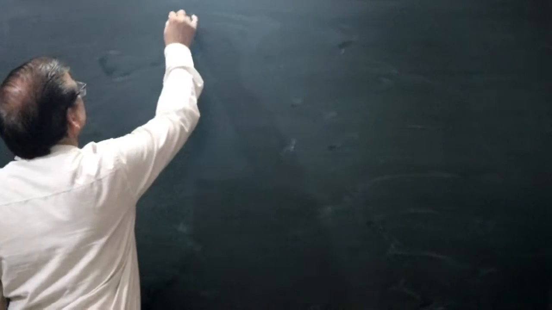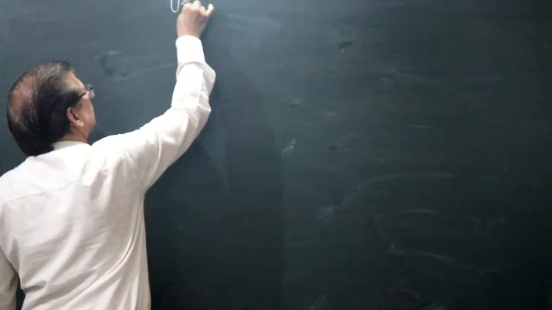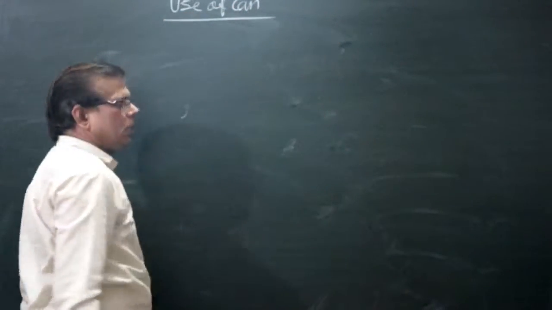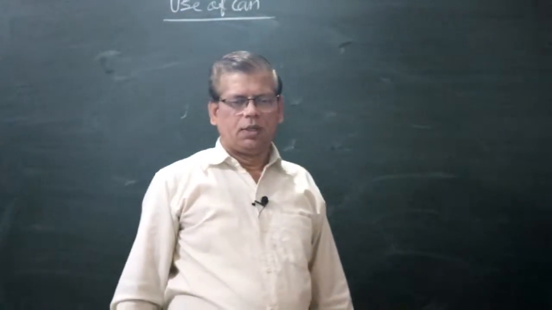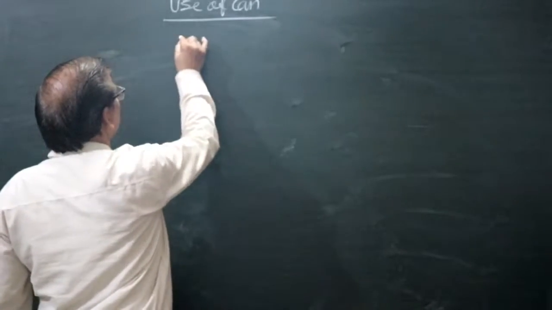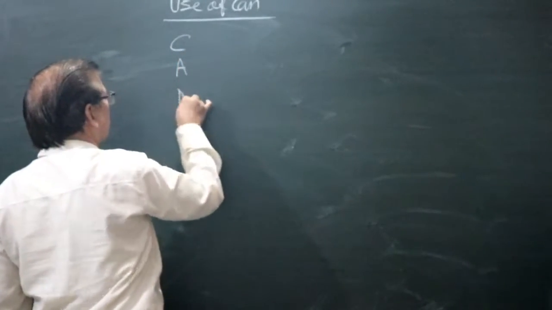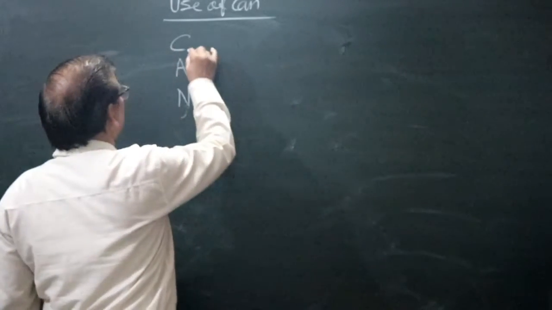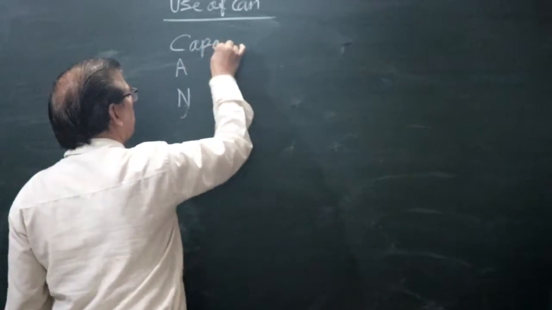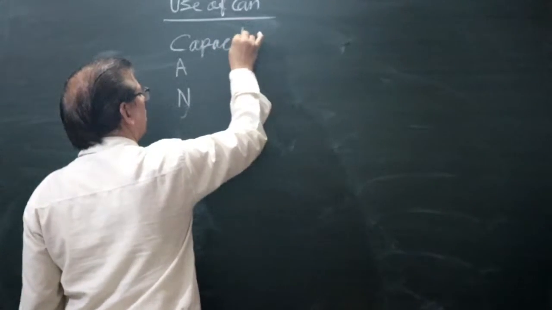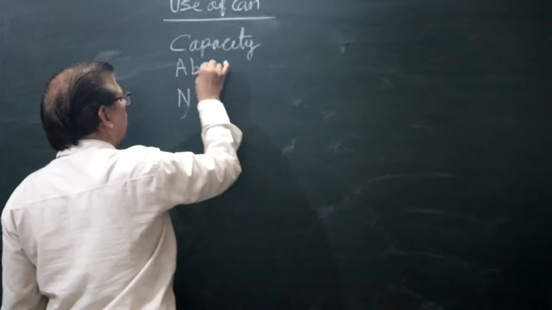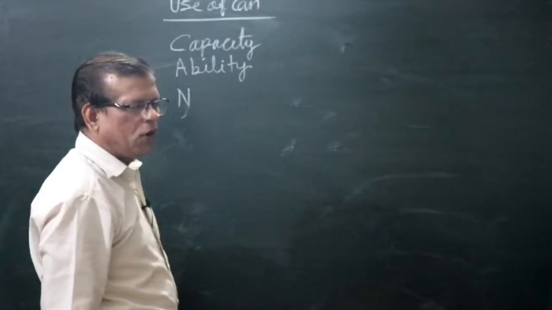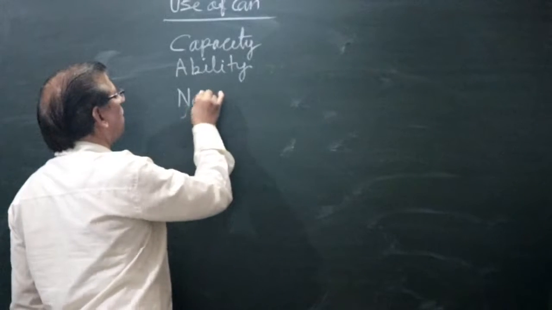Use of can. Can: C, A and N. C for capacity, A for ability, and N for natural occurrence.